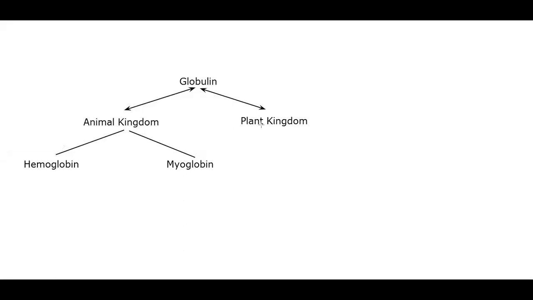Now in the case of the plant kingdom, the same globin protein gave rise to another category of proteins that is referred to as leghemoglobin. You could have understood that point. It led to the formation of leghemoglobin protein. And this leghemoglobin protein is found in the family that is referred to as Leguminosae.